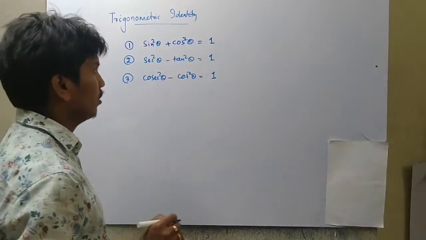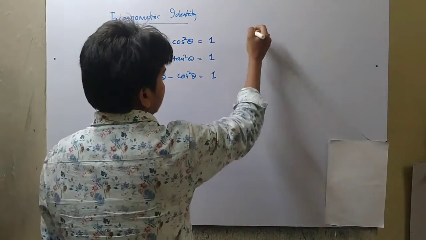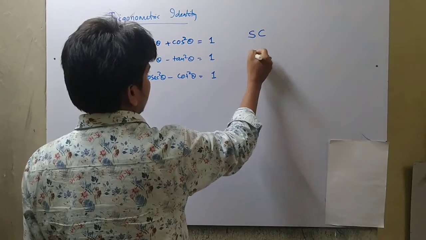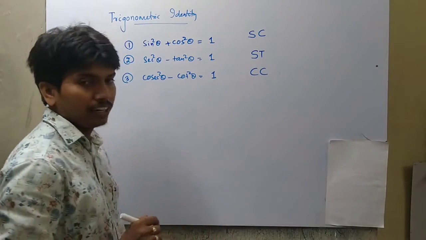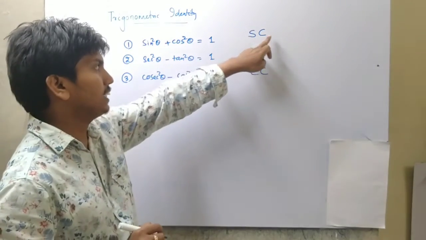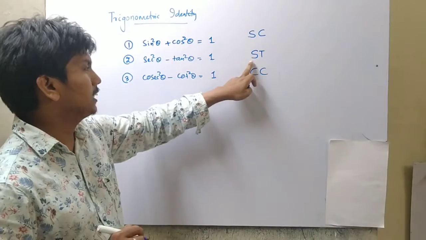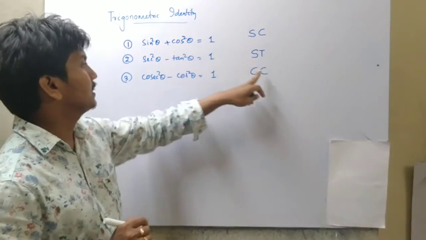So how to remember? Think of the caste system: SC, scheduled caste, ST, scheduled tribe, and CC, common caste. S for sin, C for cos, S for sec, T for tan, C for cosec and C for cot.